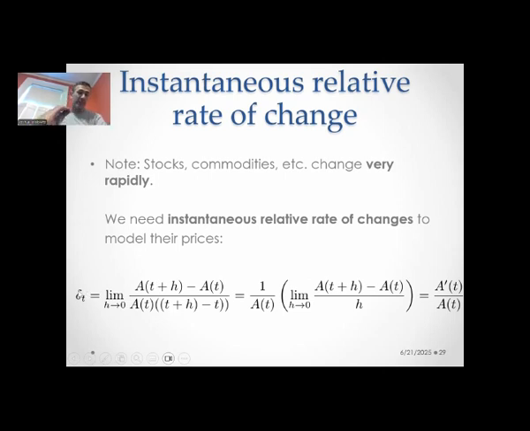And we'll see in later videos examples of approximating a relative rate of change over a small time interval by this quantity here.